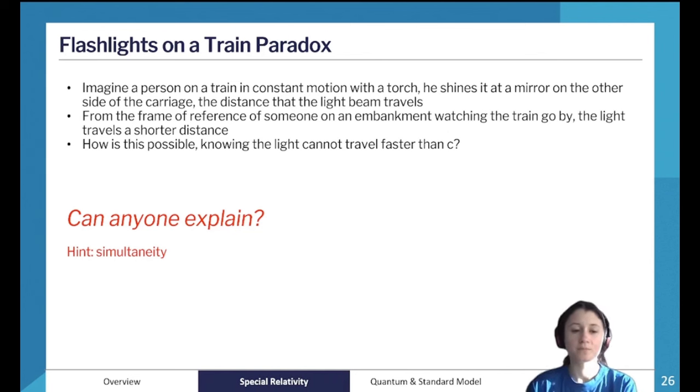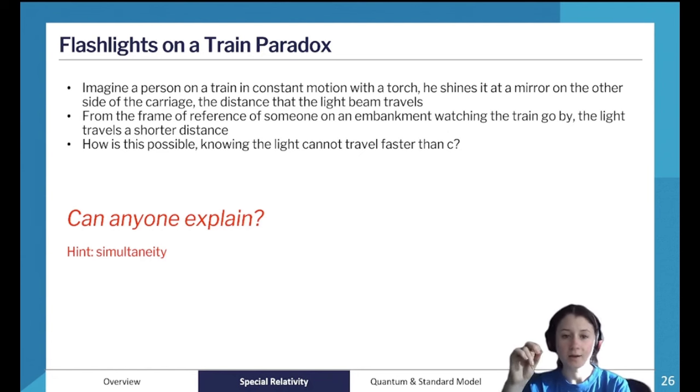We have a person on a train in constant motion with a torch. He shines the torch at a mirror on the other side of the carriage, and then the distance that the light beam travels, from the frame of reference of someone on an embankment watching the train go by, the light travels a shorter distance.